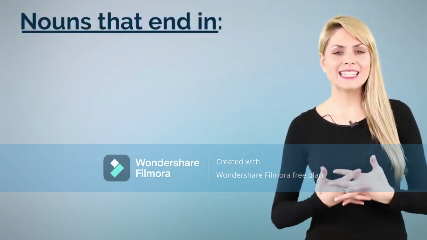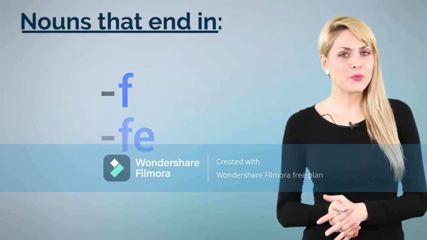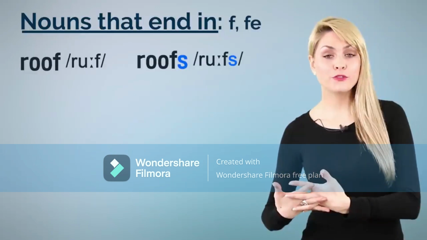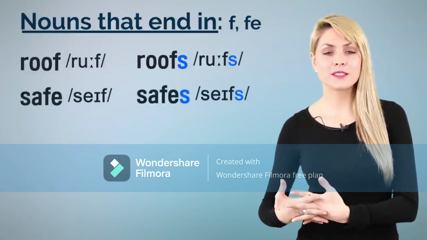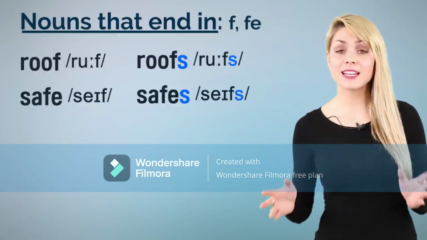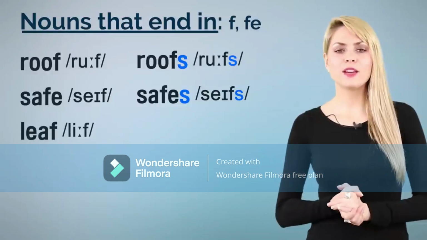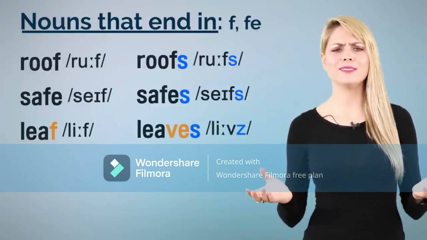Now, nouns ending in F or FE. For example, roof becomes roofs. Safe, safes. So you simply add an S. Then we have leaf that becomes leaves. Wait a minute, what happened?